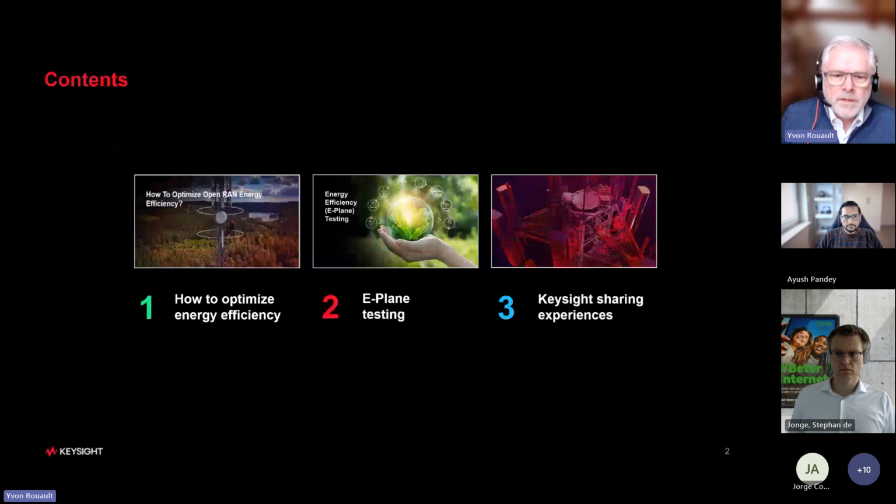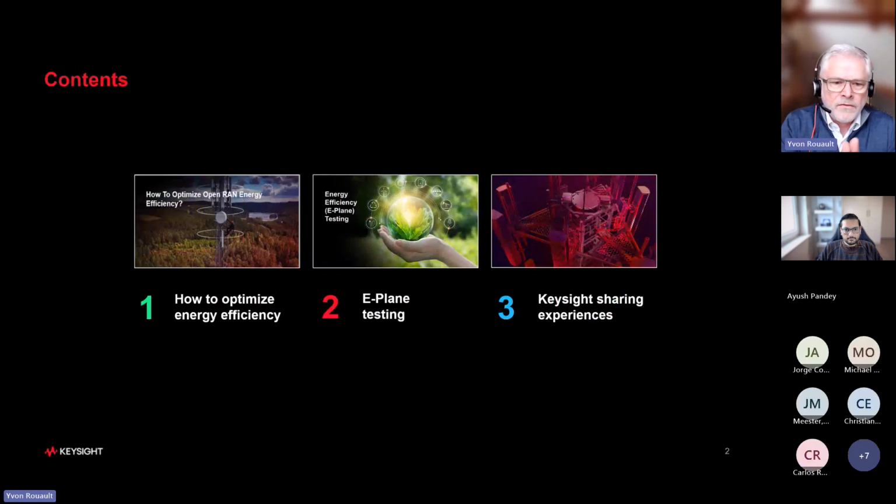Okay, let's move forward. It's very straightforward. I will first set up the scene: what we mean by optimized energy efficiency, and what the different techniques are, based on the ETSI specification. The second part will be more on, technically speaking, what it takes to measure, benchmark and optimize the energy efficiency of the different elements of the network.